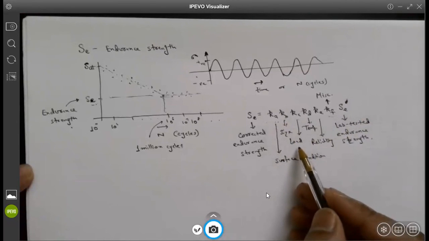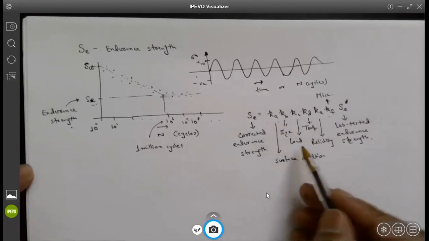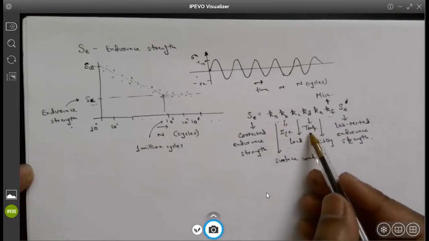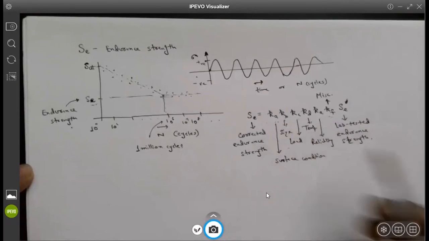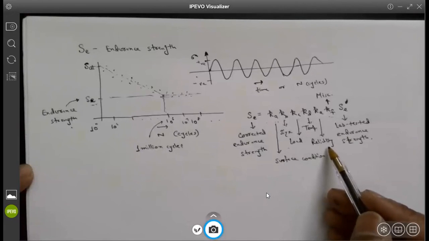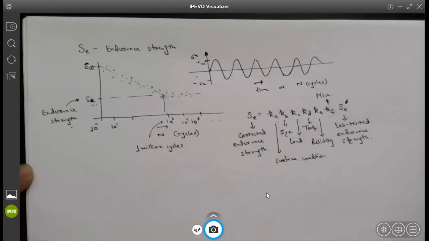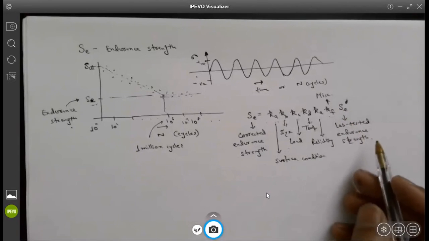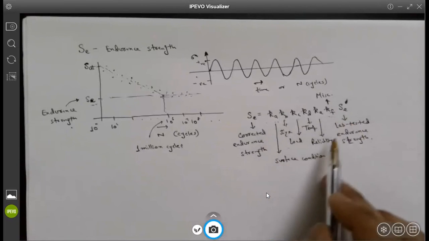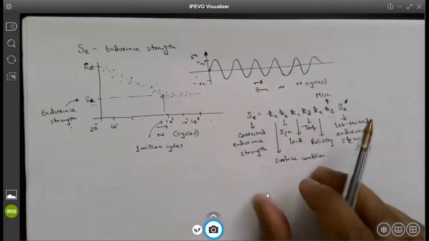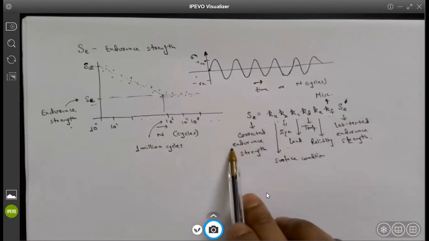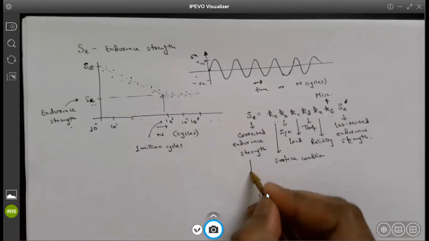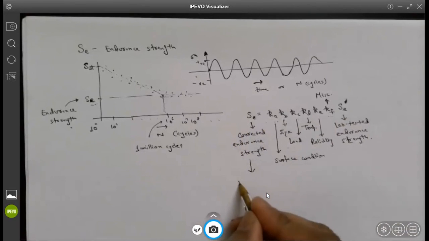How much load is being applied, whether it is axial load or bending load or a torsion load, what type of temperature, that is high temperature, elevated temperature operation or low temperature operations, how much reliability is desired, and what are the other miscellaneous factors for which we have no specific control. So all these factors need to be taken into consideration to find the correct endurance strength that goes into the design calculations. So this is the value that goes into the design calculations.